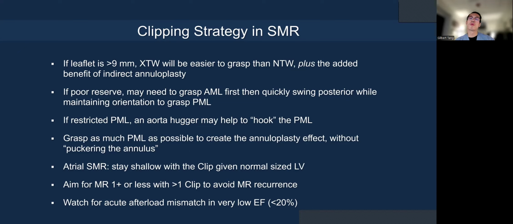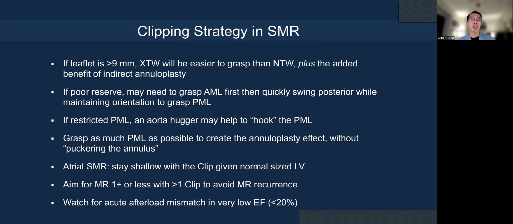Now, in secondary MR, it's a little bit different. If the leaflet is long, we still prefer the longer clips because you can grasp more easily, plus you can achieve indirect annuloplasty. If there's poor coaptation reserve, you might need to clip first independently, usually anterior first, then posterior.